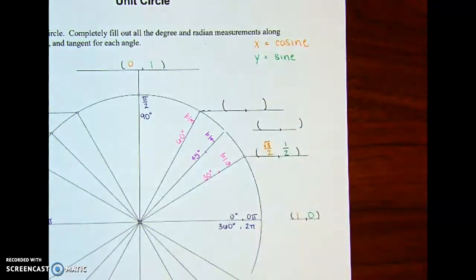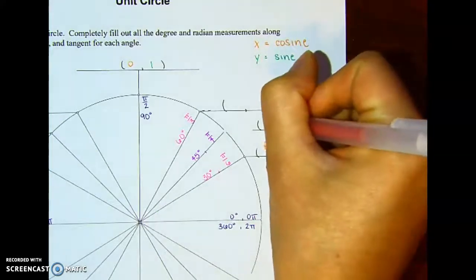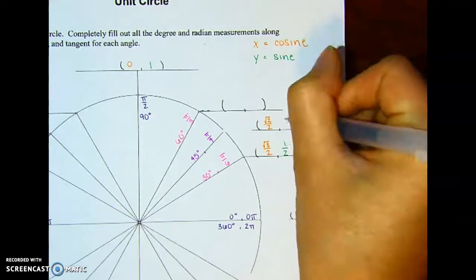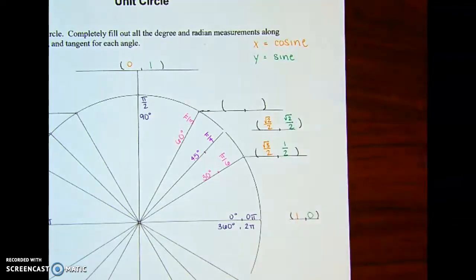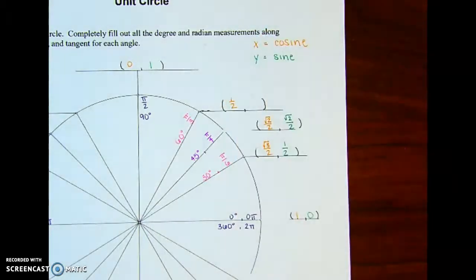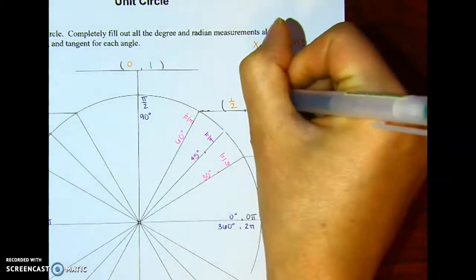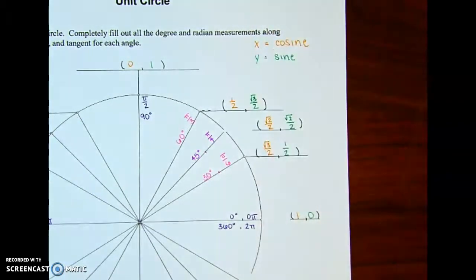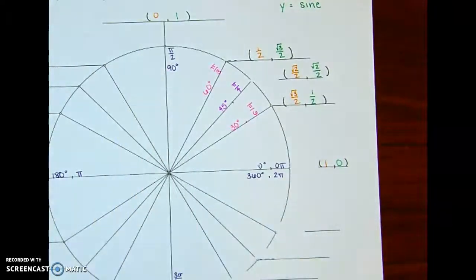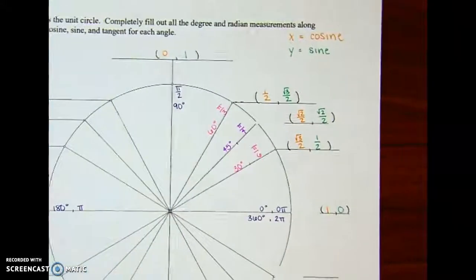Then here, root 2 over 2, comma root 2 over 2. And then at 60 degrees, or pi over 3, our x value is 1/2 and our y value is root 3 over 2. Okay, so that is just quadrant 1, the quadrant angles, and the quadrant coordinates.